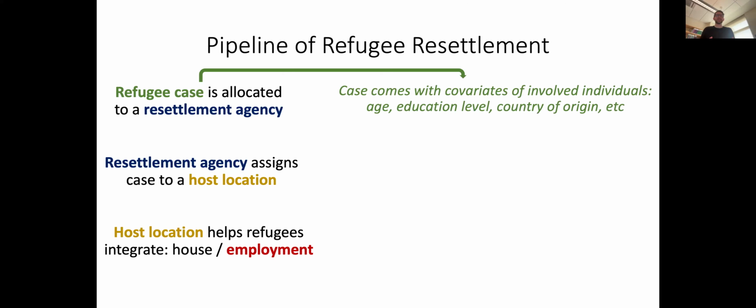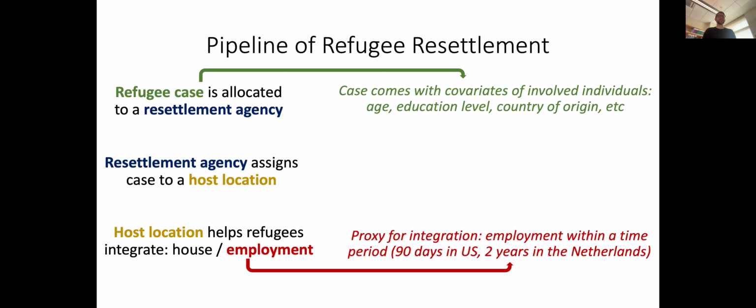Those local affiliates are supposed to help the refugee integrate in the local community, finding housing, finding employment. The case comes with all sorts of data, covariates that characterize the involved individual: age, education level, country of origin, and so forth. And employment at the end is usually measured as a proxy for integration.